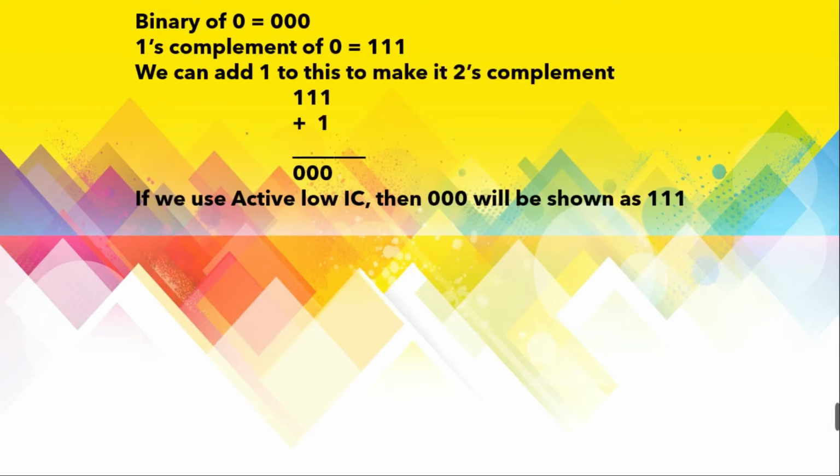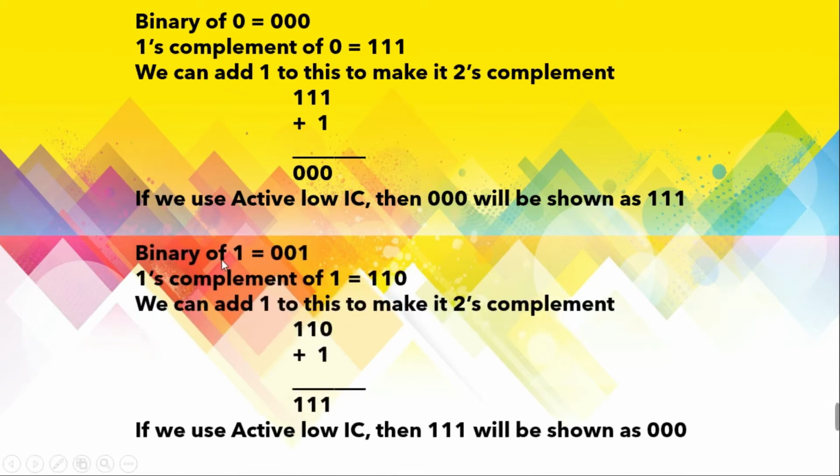If I take a 3-bit number, let's say the binary of 0, so 0 0 0, the 1's complement of that number will be 1 1 1, and we can add 1 to make it 2's complement, so the 2's complement will be 0 0 0. However, if we use an active low IC, then 0 0 0 will be shown as 1 1 1 at the final output. That's what an active low IC does.